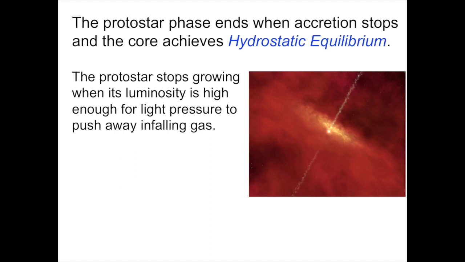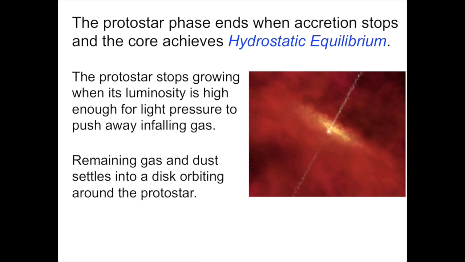It stops growing when its luminosity, the amount of energy it's losing from its very, very hot photosphere, becomes high enough that the pressure of the photons begins to push away the remaining infalling gas. You still get a little bit of remaining gas and dust around. It will settle down into a disk that will orbit around the equator of the small spinning protostar.